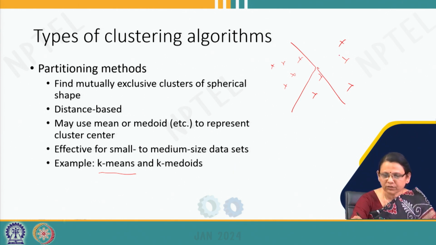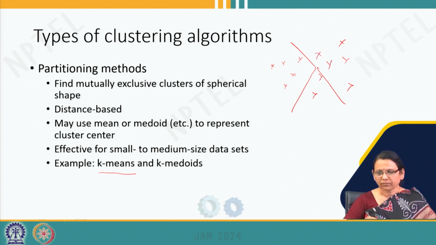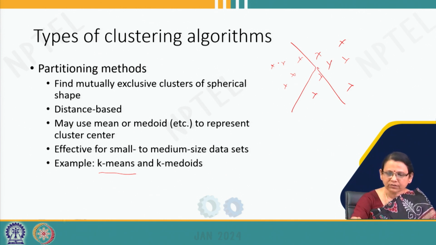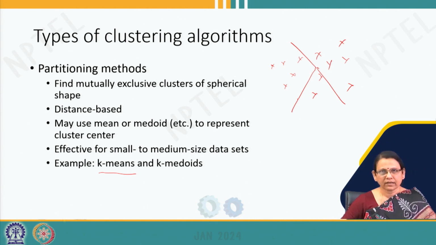So, in this particular context, all the data points which are here will belong to any one of these clusters. These partitions are mutually exclusive and they can take any shape, typically spherical in shape, because they will be starting from something called a centroid.